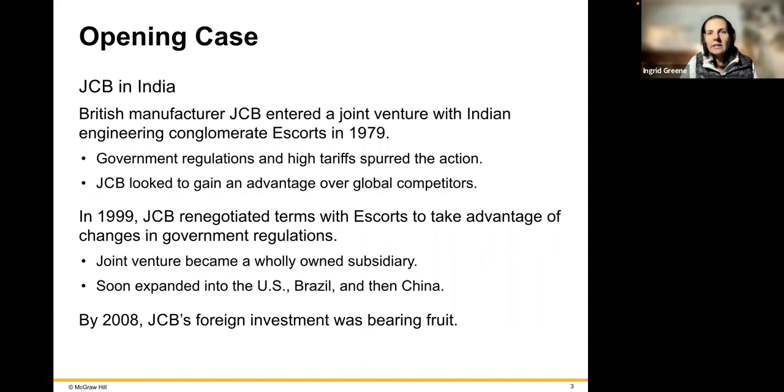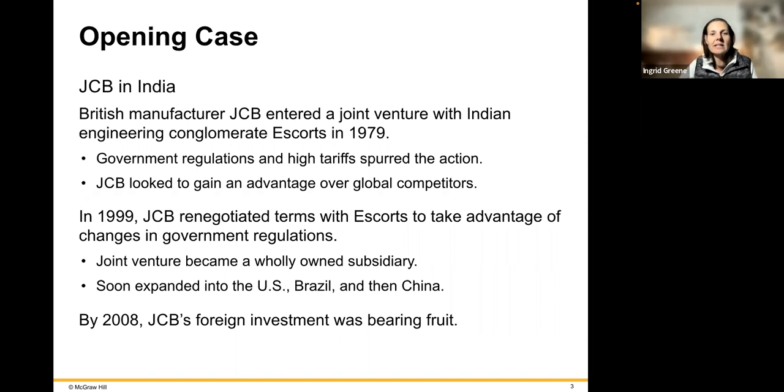The Indian government no longer required this joint venture, and JCB felt like they would rather go wholeheartedly, with two feet into India, because if they were in a joint venture, then potentially Escorts could steal some of their trade secrets, their ideas, their manufacturing tricks, etc. So the joint venture became a wholly owned subsidiary. They bought Escorts out of their stock.